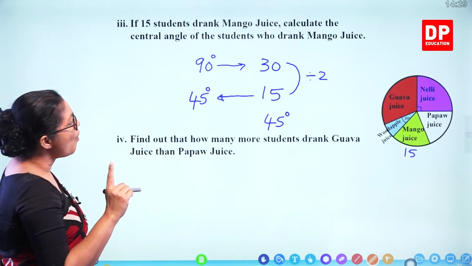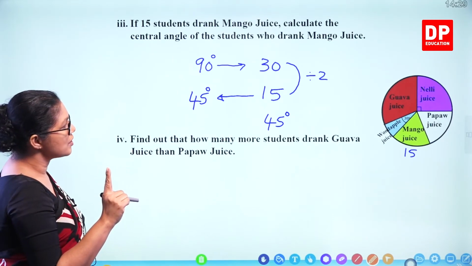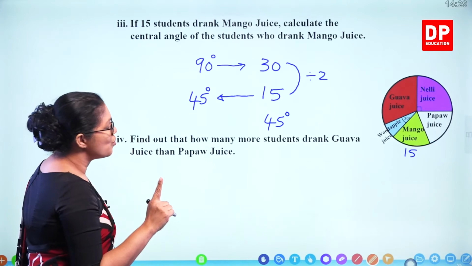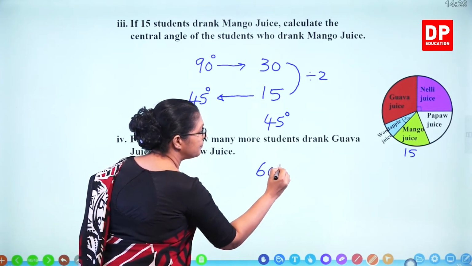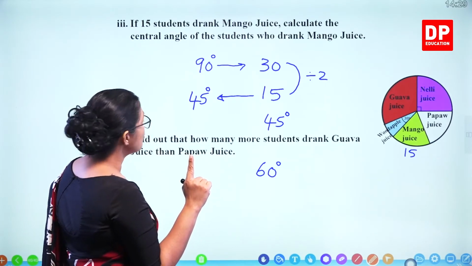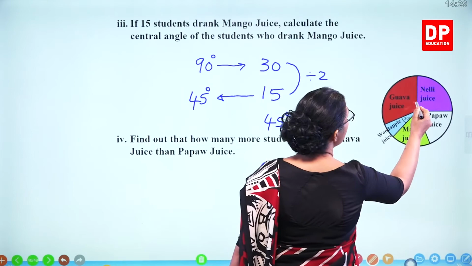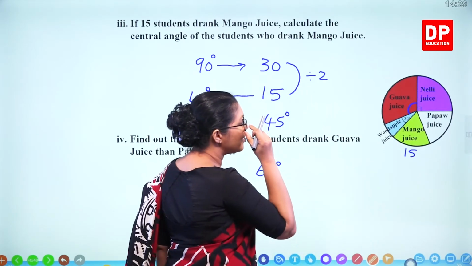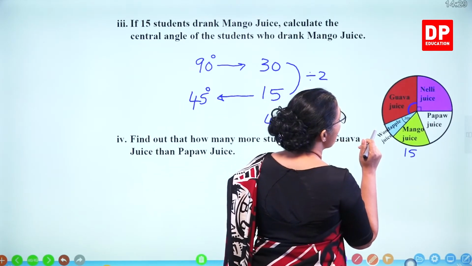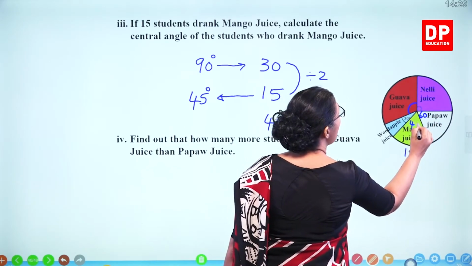Find out how many more students drank guava juice than pawpaw juice. So pawpaw juice is a 60 degree angle, and for guava juice, what's the angle? We have to find that out. How do we find the angle for guava? We found this is 60, mango juice 45.